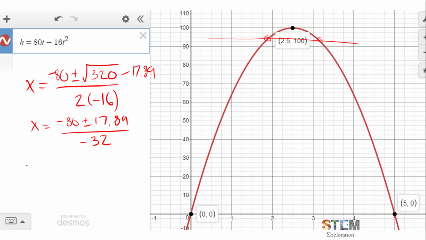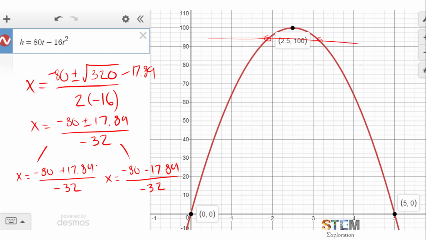And again, we can split this apart. Let's just do that now. Let's say x is equal to negative 80 plus 17.89 all over negative 32, and x is equal to negative 80 minus 17.89 all over negative 32.